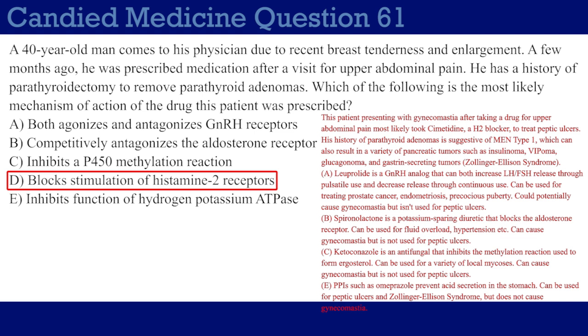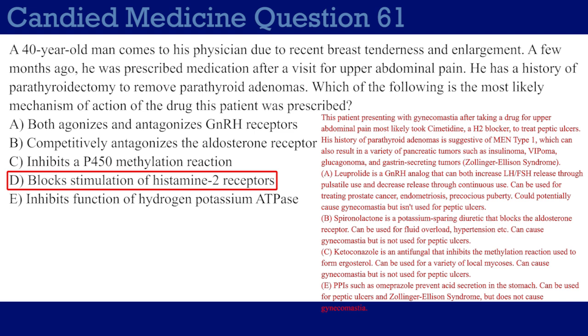Choice B competitively antagonizes the aldosterone receptor. This is spironolactone, a potassium-sparing diuretic, which is also well known for causing gynecomastia. That has actually come up pretty often, I think. You need to know spironolactone can do that. So obviously as a potassium-sparing diuretic, you use it for all kinds of fluid overload situations, heart failure, you can use it for hypertension.